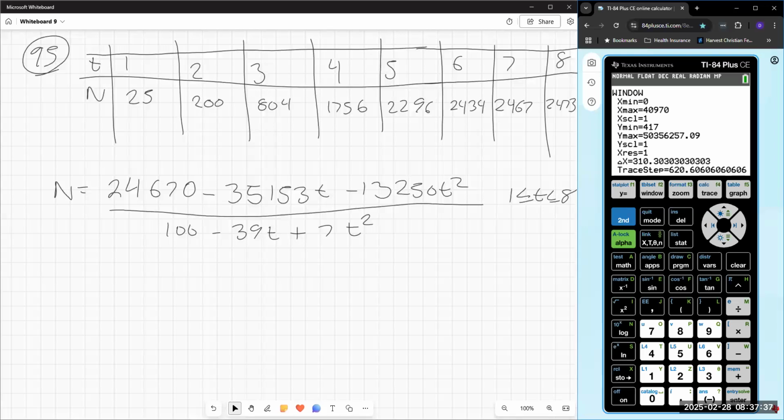I know that I'm not going to have a negative number of bacteria. It looks like I can go up to 3,000, probably even 2,500. Looks like a good upper bound here. I'm sorry, that's my y. Let's go to 10 on my x here. And I want to go 0 to, like I said, 3,000 or 2,500 by, let's say, 100s here.